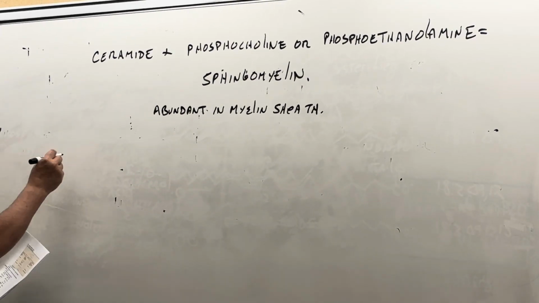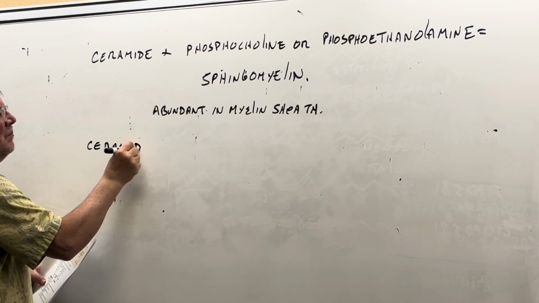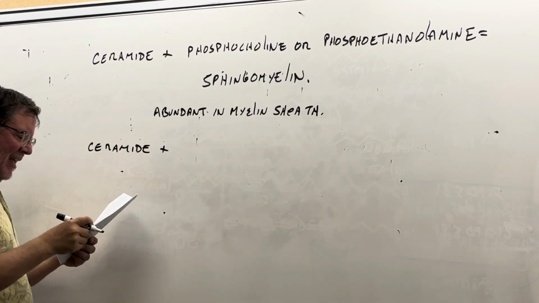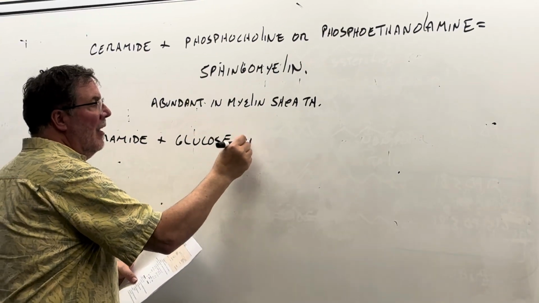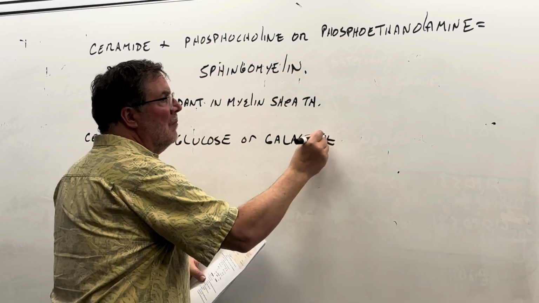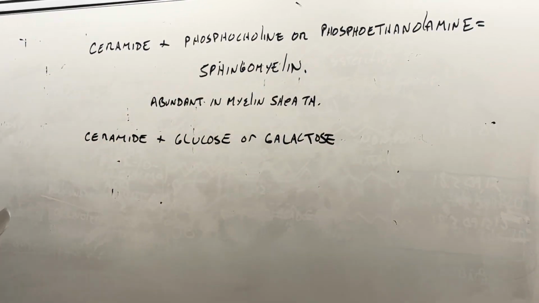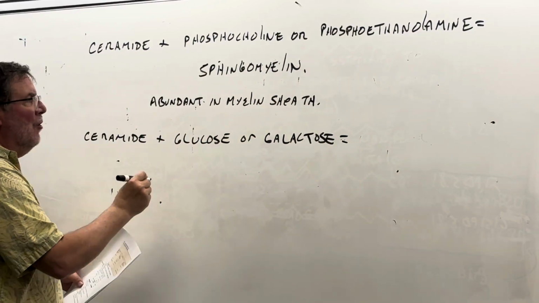Okay, now if we have ceramide plus a glucose or galactose as a polar head group, that equals a cerebroside.